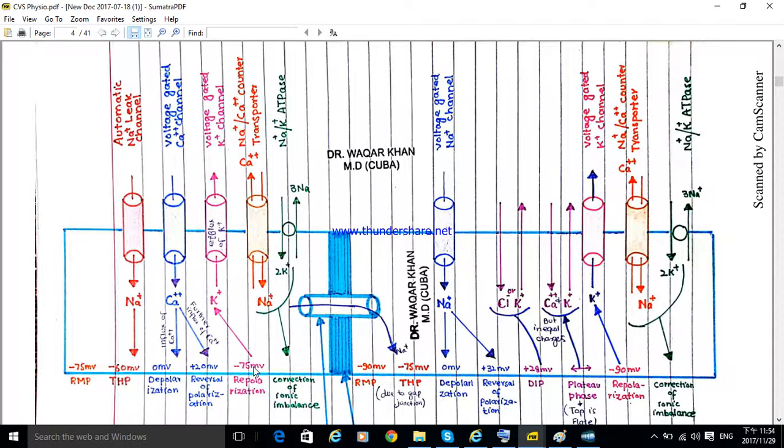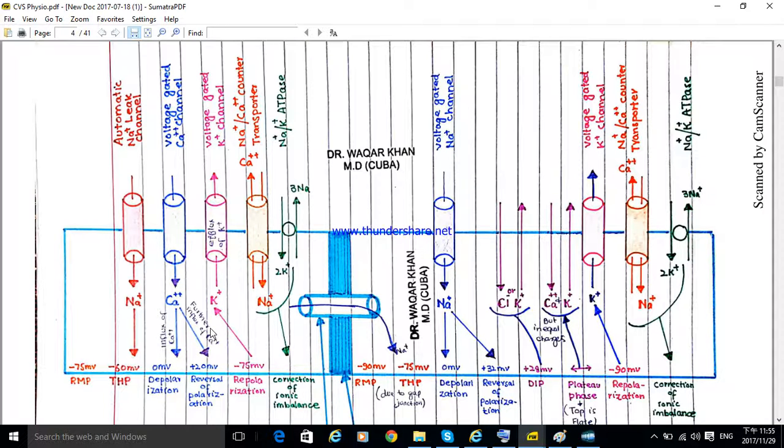It will come to a point where the charge becomes minus 75 mV, and this stage is called repolarization. Why repolarization? Because the original pole, minus 75 mV, has been gained back.